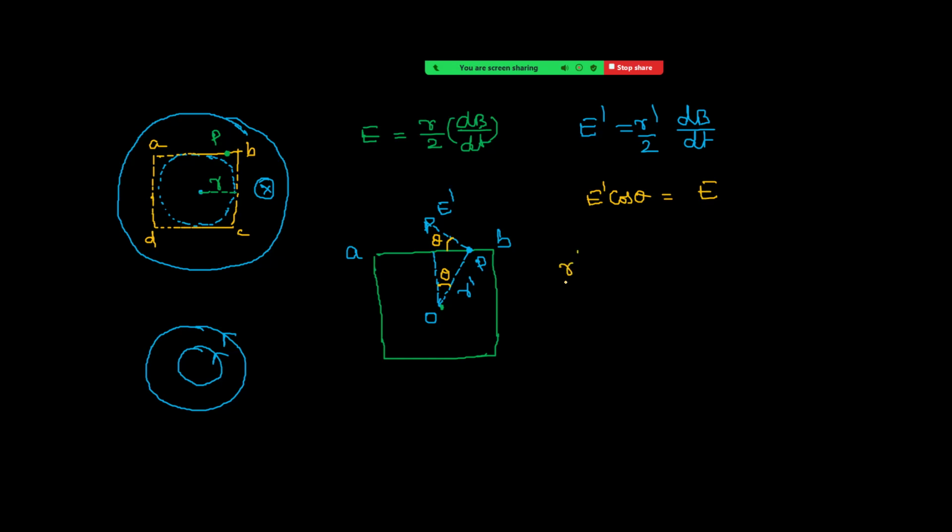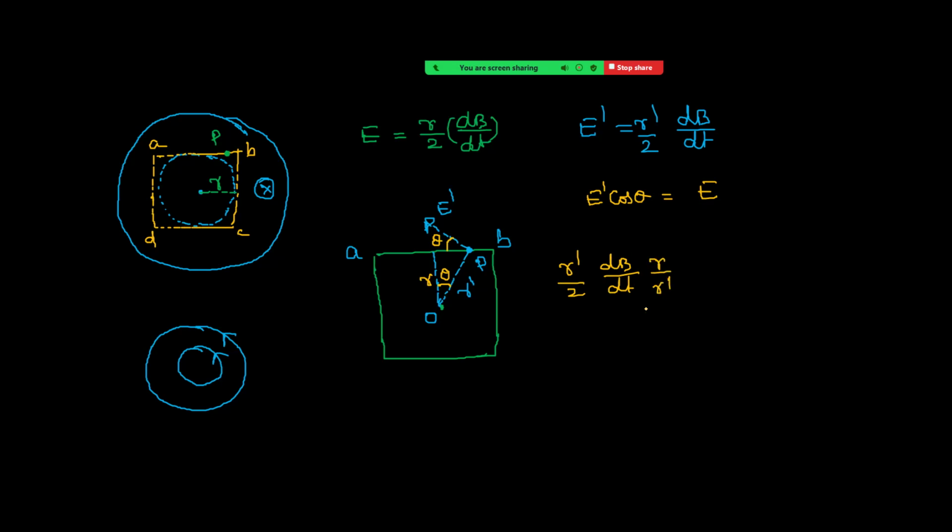So E dash is r dash by 2 into dB by dt. Next, cos theta: this value is r, so cos theta will be r by r dash.